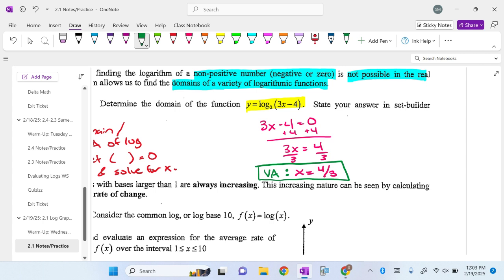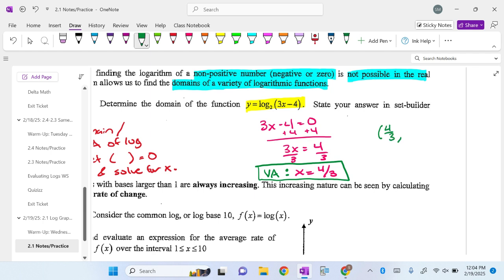So if I were to write the domain, where would it be? What would have to be my lowest x value for a domain with this graph, without even looking at the graph? It can't cross the vertical asymptote, right? So that means the lowest x has to be 4/3.